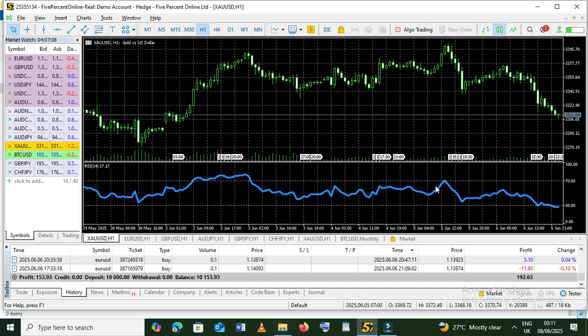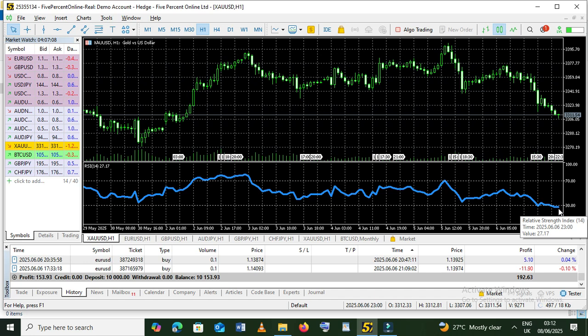When you see the RSI line cross above 70 or at 70, it shows that buying power is now weak. So you are expected to place a sell order. Then when you see the RSI line cross below or at point 30, you are expected to place a buy order.